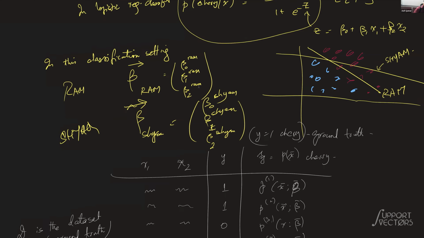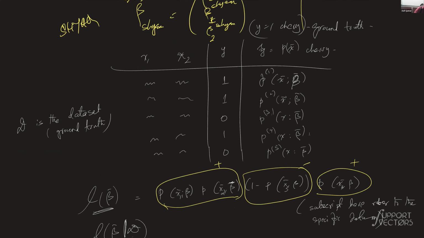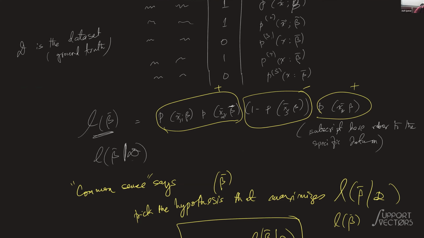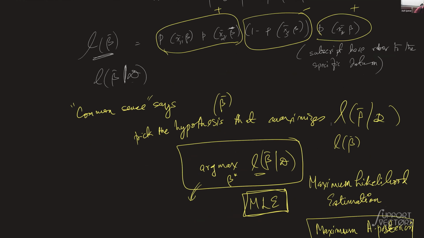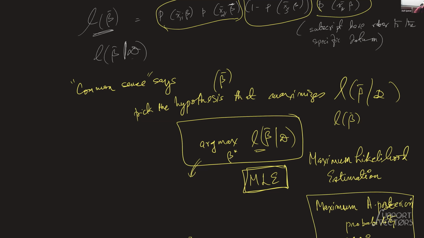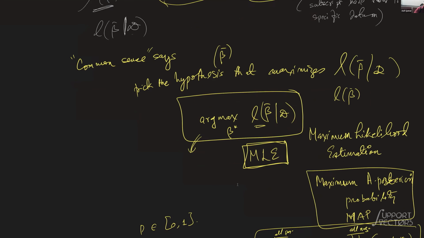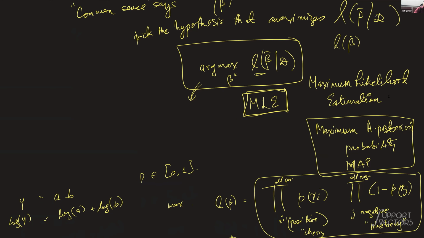It's a particular model. Given the data set, you have to ask which hypothesis is more likely to have produced this data. So you create the likelihood function, which is the joint probability of seeing the evidence under the hypothesis. And then you ask which hypothesis, the beta star, is that optimal hypothesis, the optimal parameters that maximize the likelihood function, right? And that's why this is maximum likelihood estimation.